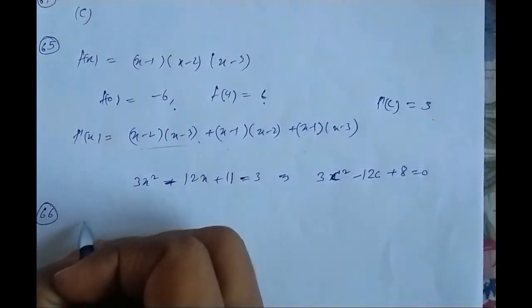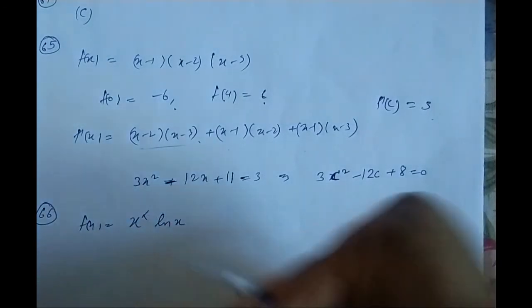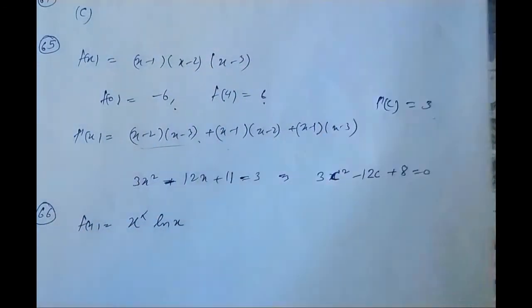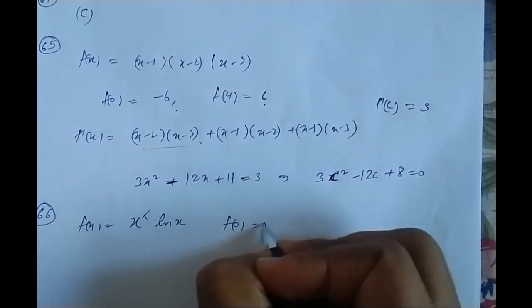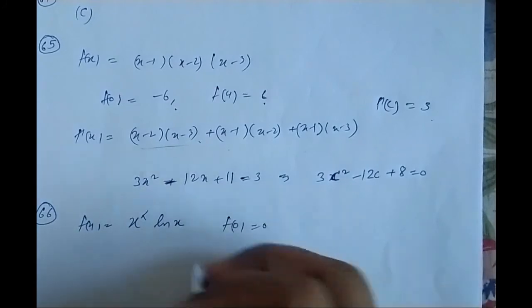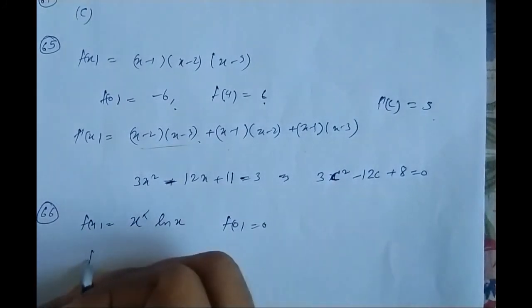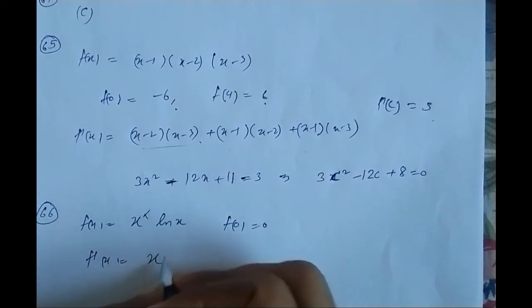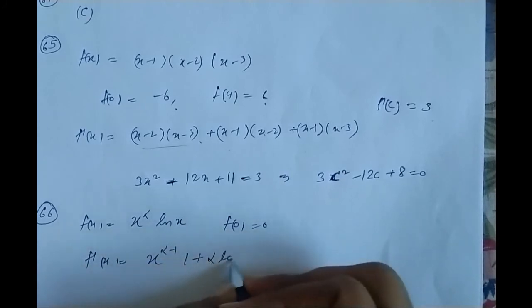So we have been given f(x) is equal to x power alpha ln x and f(0) equal to 0 satisfies the condition in Rolle's theorem. So f dash x is equal to x power alpha minus 1 plus alpha log x.